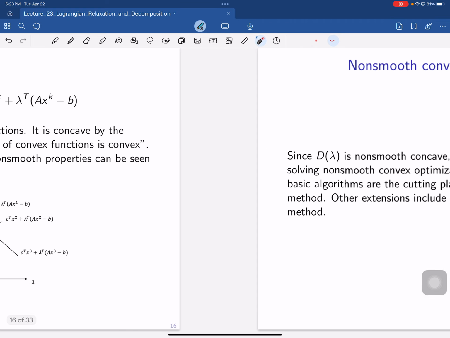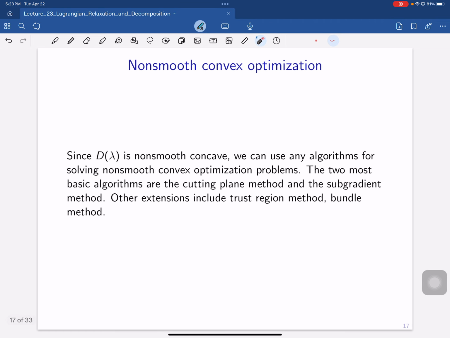Now, with this property of the Lagrangian function, you will know what method you are going to use. Because it is a non-smooth continuous problem, and it is a maximization problem over a concave function, and maximization over a concave function is equivalent to minimization over a convex function, it is essentially a convex problem, but the tricky thing is that it is non-smooth.